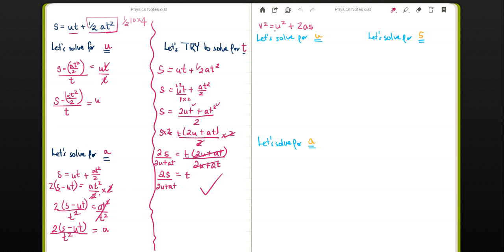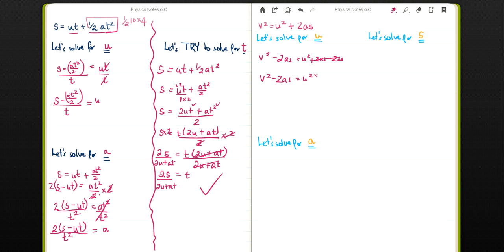Now we have v squared equals u squared plus 2as. And we want to solve for u. So we're going to say v squared minus 2as is equal to u squared plus 2as minus 2as. These go. And now you're left with v squared minus 2as equals u squared.